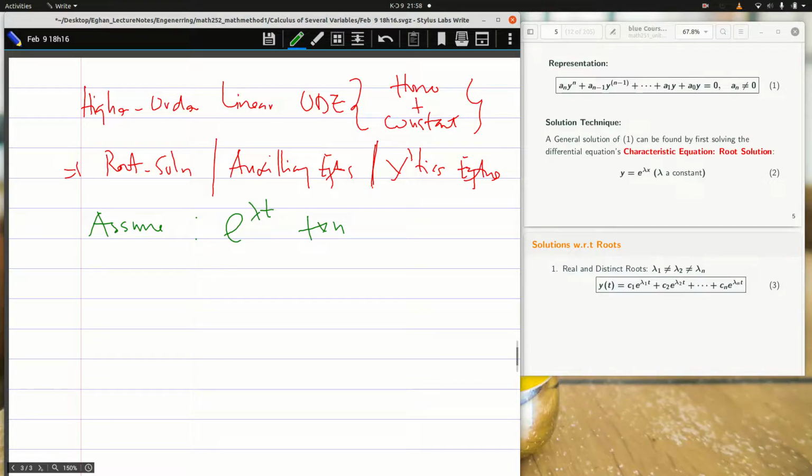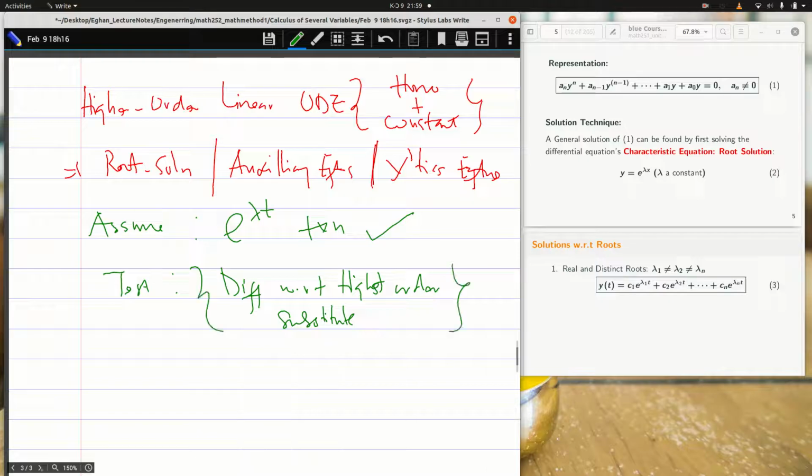We've gone through tests for solutions. To test if this is a solution for a differential equation, we differentiate it with respect to the highest order in the differential equation, then we substitute. So this is all we are going to do: we differentiate and we substitute into the given differential equation.